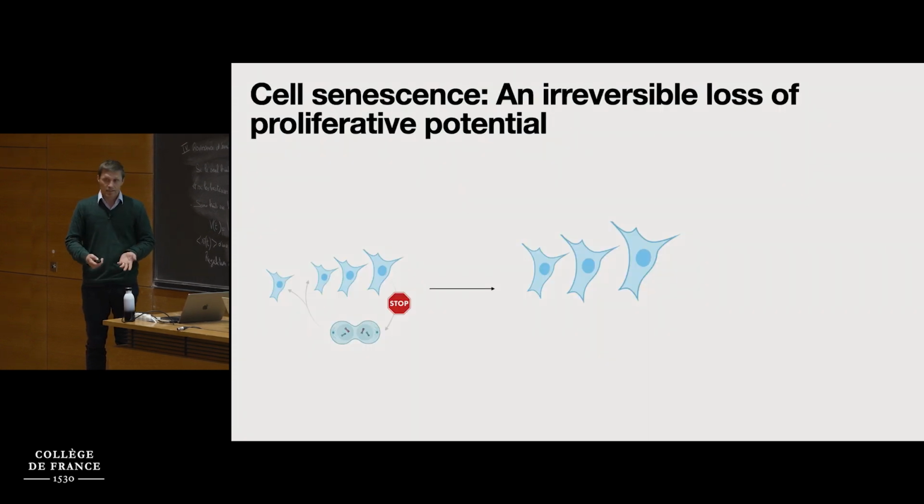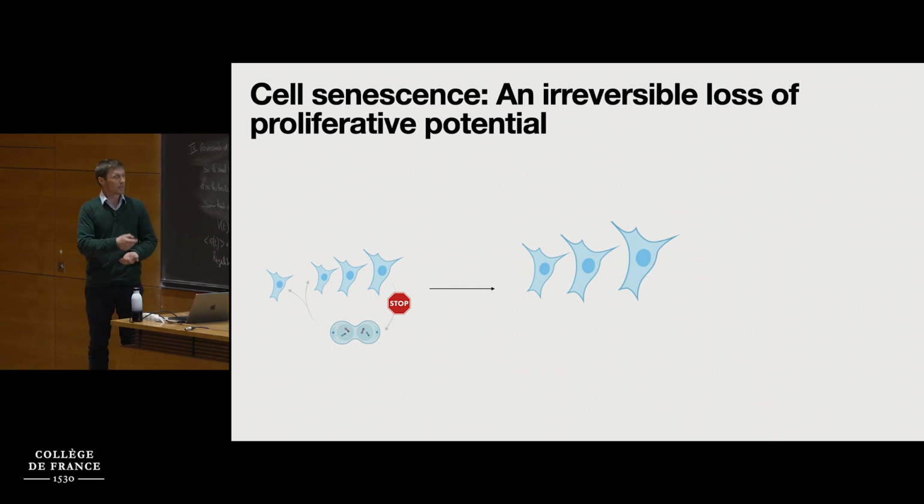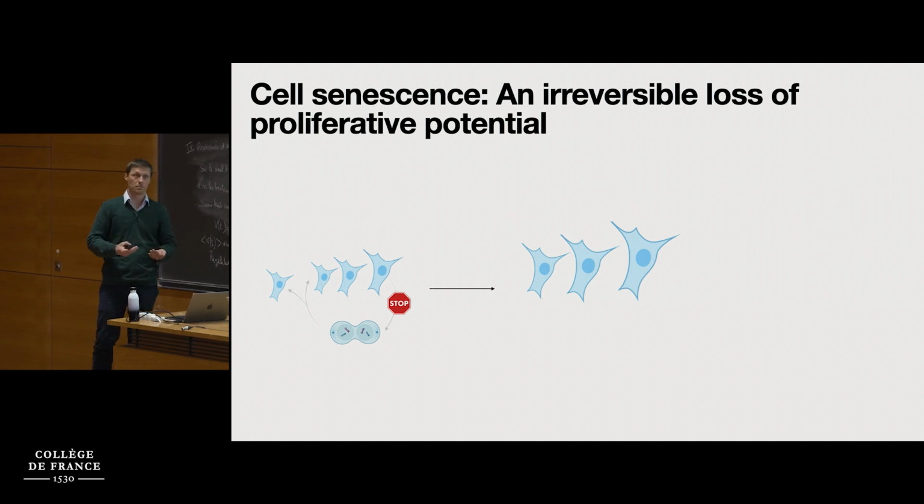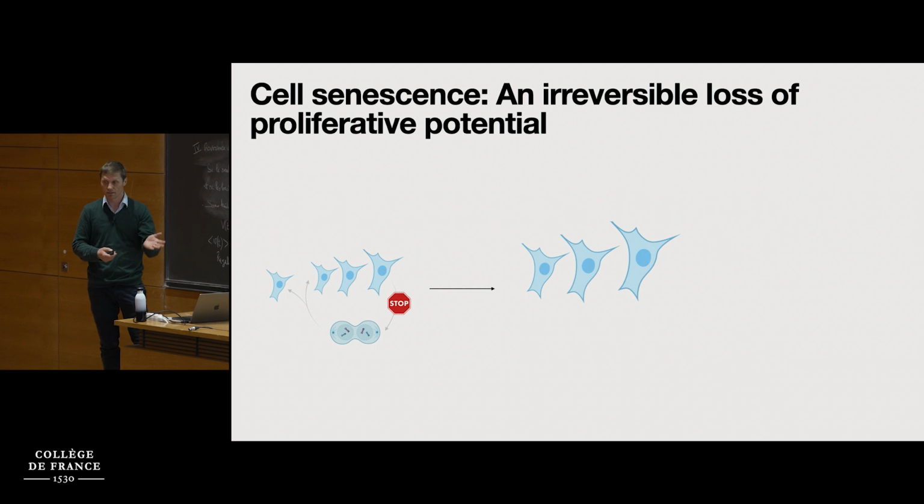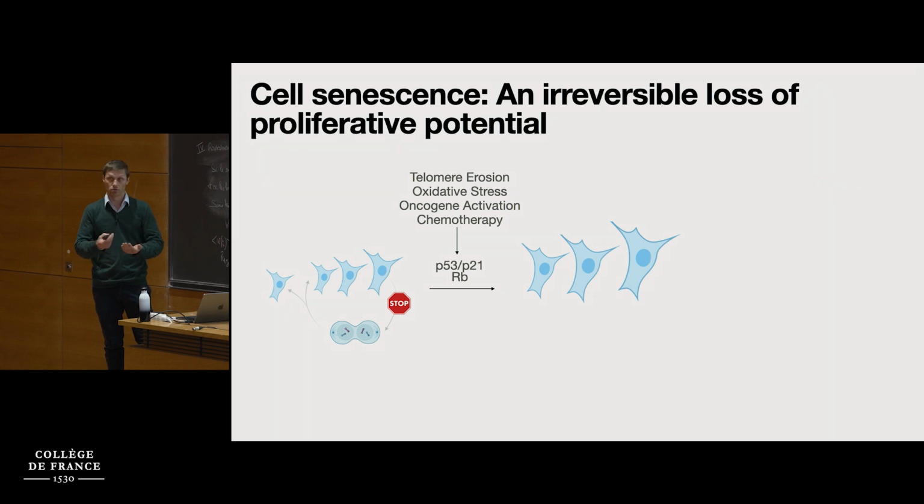So the reason why senescent cells are very big is because their cell cycle is actually blocked. But because cell cycle progression and biomass accumulation are only coupled loosely to each other, when cell cycle progression is stopped, cells will continue to increase in size. Now, during cell senescence, this cell cycle block is usually caused by external stresses or internal stresses.